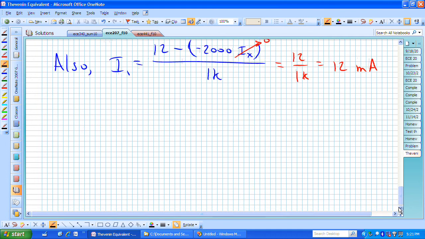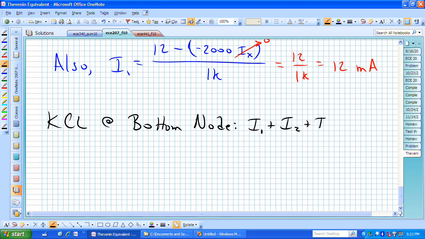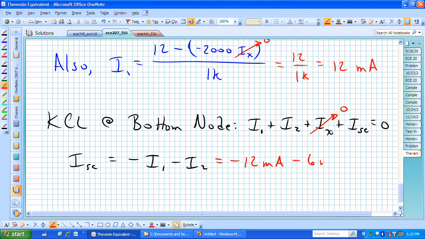Hopefully then you can see that KCL at the bottom node allows us to say that I1 plus I2 plus I sub x plus I short circuit is equal to 0, or I short circuit is equal to minus I1 minus I2, since this is equal to 0, and we found I1 to be 12 milliamps, I2 is 6 milliamps, and we now have minus 18 milliamps for I short circuit.